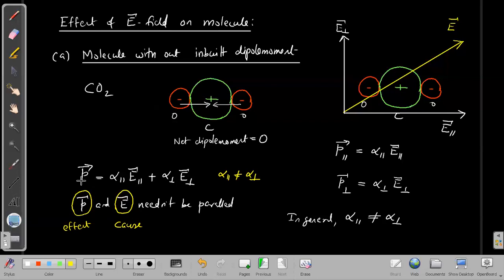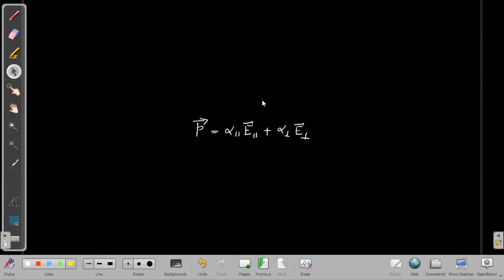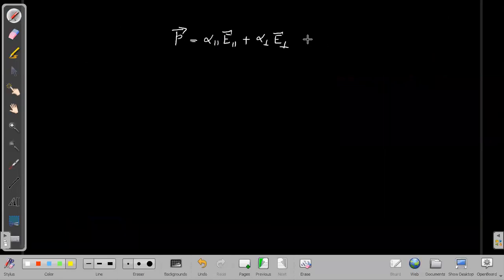Okay, so how do we write this equation in general? I cannot write it simply as P equal to alpha E, where alpha is a scalar. That is not correct. So I can write it in a matrix form.